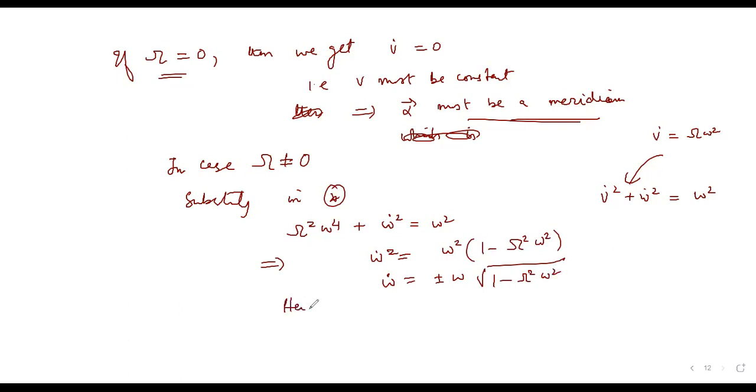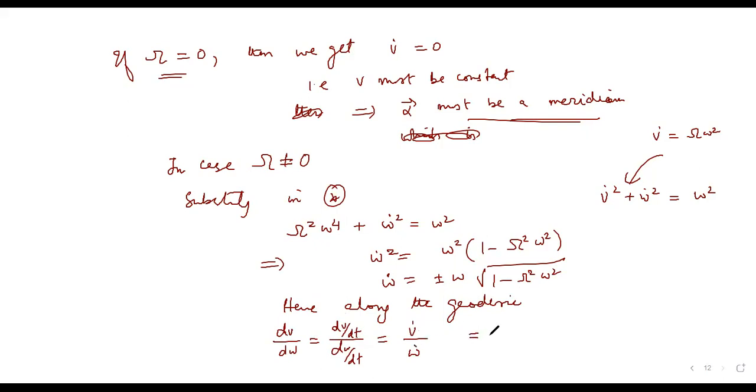Hence along the geodesic, I must have dv by dw, which is the same thing as dv by dt by dw by dt, which is equal to v dot by w dot.